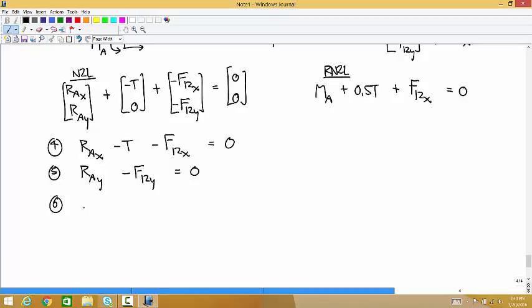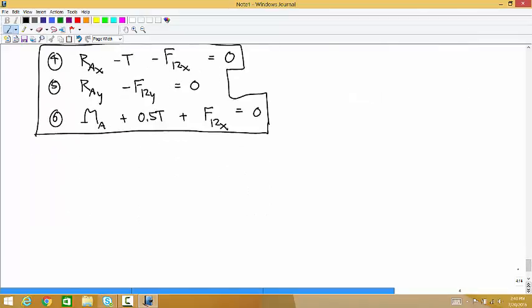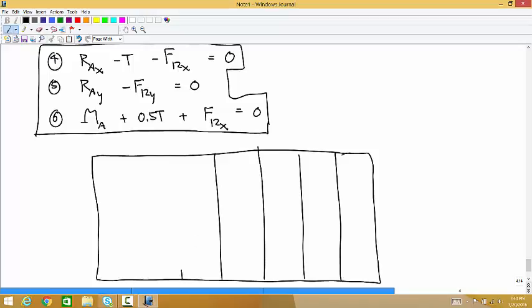And our sixth equation says MA plus 0.5T plus F12x is equal to 0. Okay, so we have 6 equations and 6 variables.